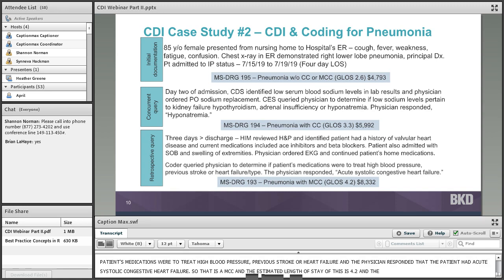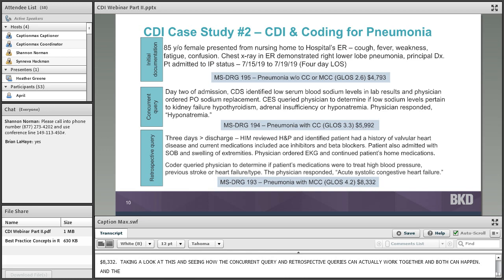So that is an MCC, and it changed the DRG to MS-DRG 193, which is pneumonia with an MCC. The estimated length of stay of this is 4.2 days, and the reimbursement for Hometown General is $8,332.